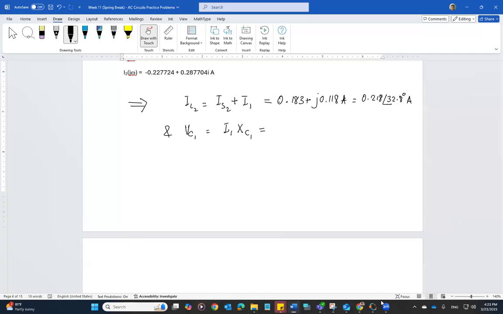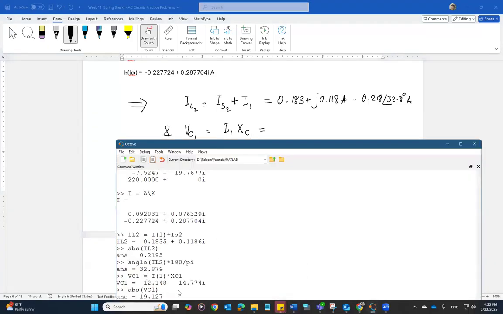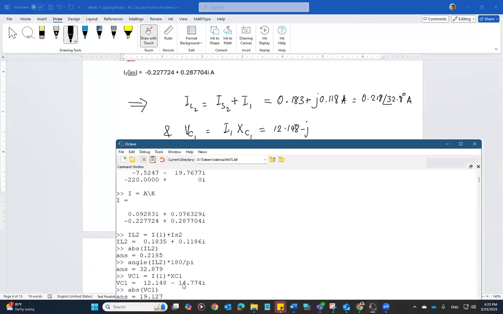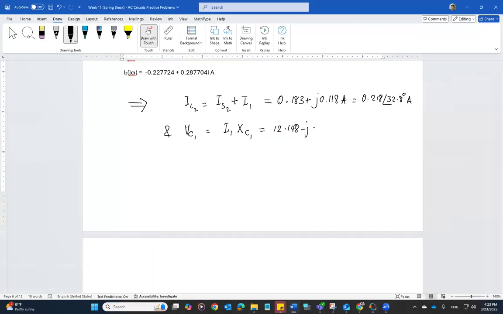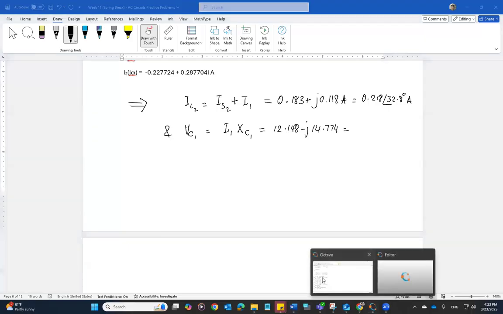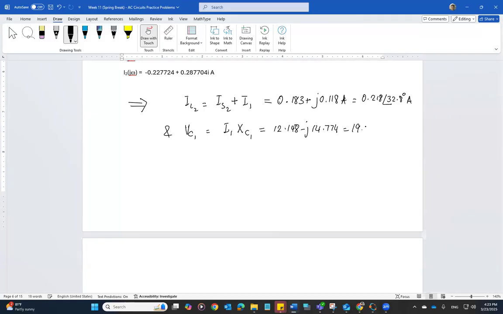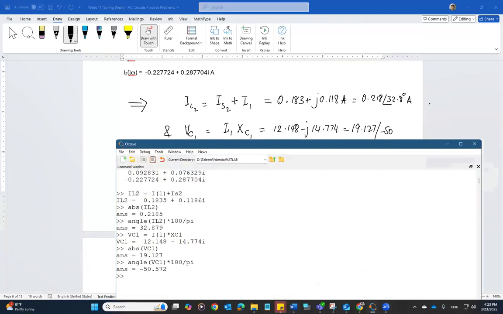And likewise, my capacitor voltage is 12.148 minus j 14.77, which is equal to, in the polar form, 19.127 angle negative 50.5, right? 50.57.